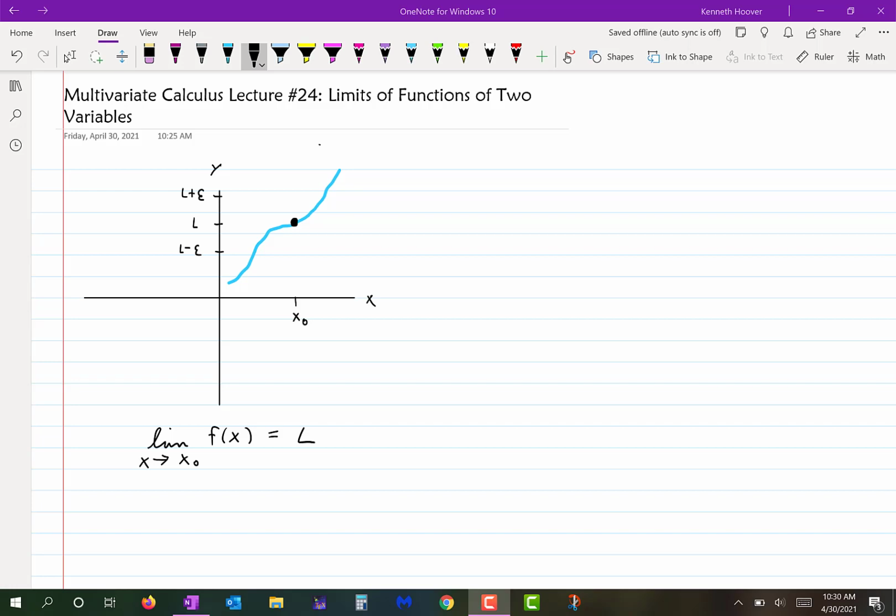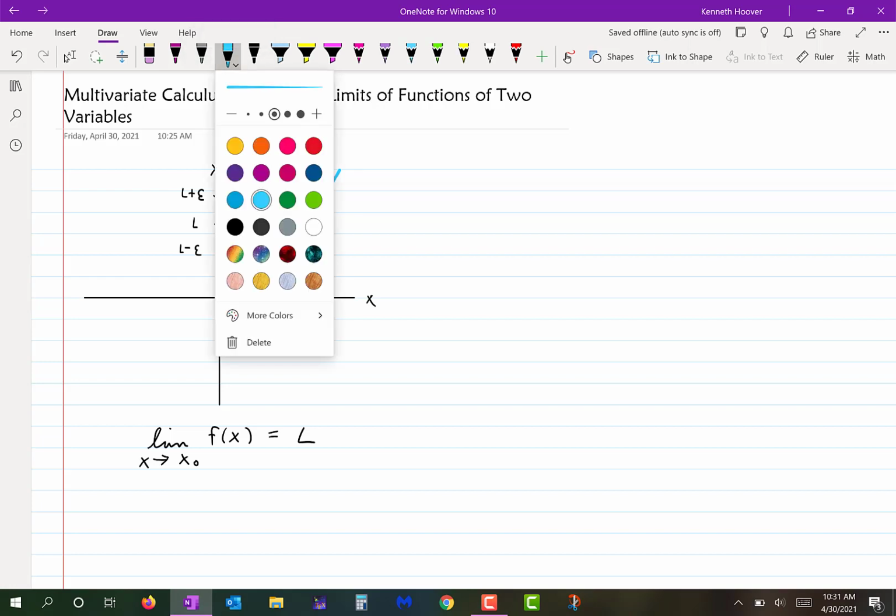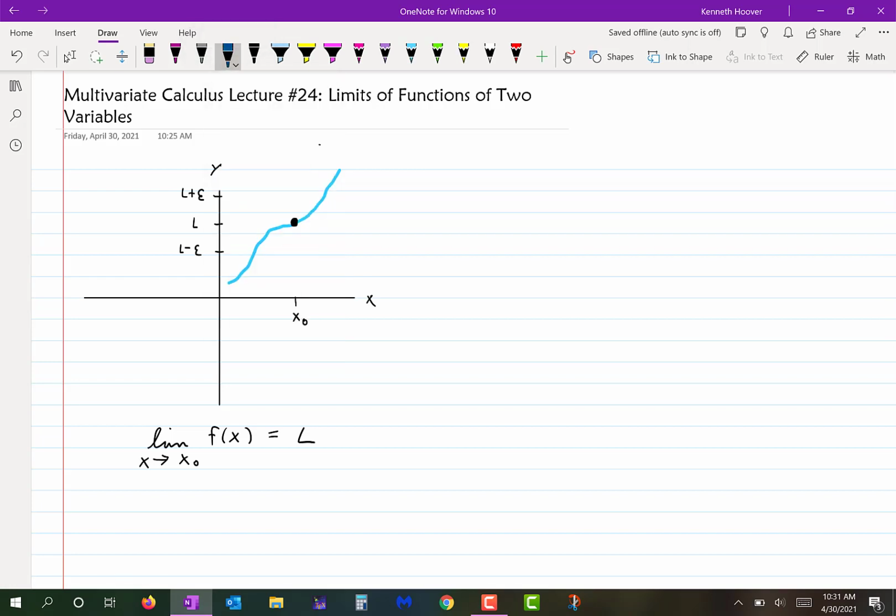Okay, today we're going to talk about limits of functions of two variables. And in order to understand this, I think it's helpful to remind ourselves of how a limit of a function of one variable works. So if you look at the picture here, there's something you might have seen from Calc 1, for instance.